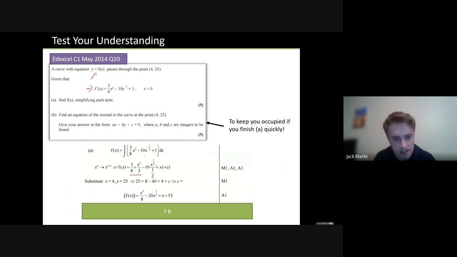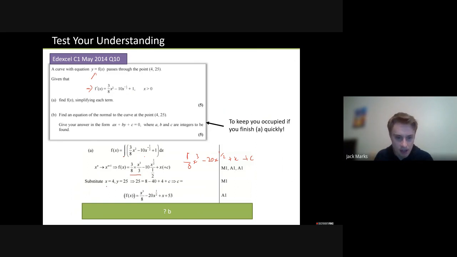That's quite a complicated way of doing it. So it's probably better to say multiplied by 2, plus x plus c. So what would you get if you did that? So you should get an 1/8 x cubed minus 20x to the half plus x plus c. Yeah, that's what you probably worked out.